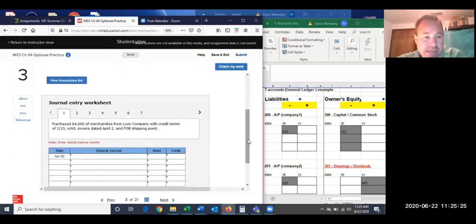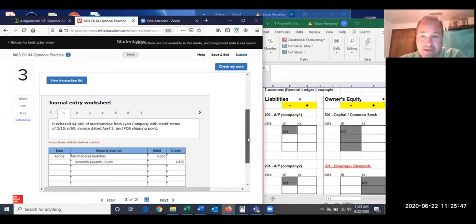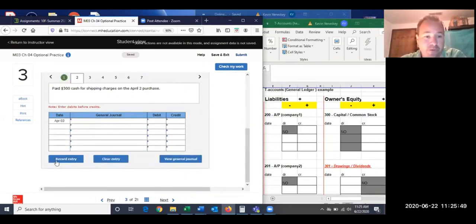Actually, for this one, all we want to do is just debit our merchandise inventory. They call it merchandise inventory. In my example, I just call it inventory. Same thing. $4,600 is what they bought. Right now, we don't know if they're going to pay it or not, so we're just going to credit our accounts payable to the Lion Company for $4,600. Simple as that. This one's pretty simple so far.